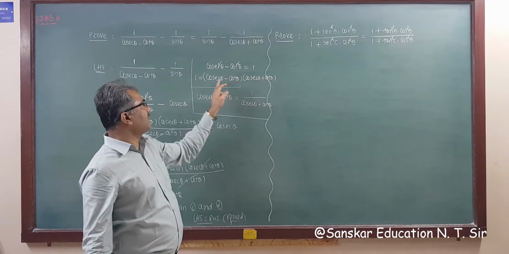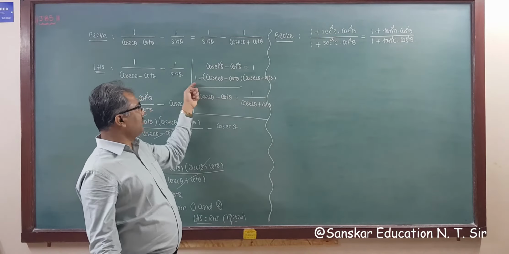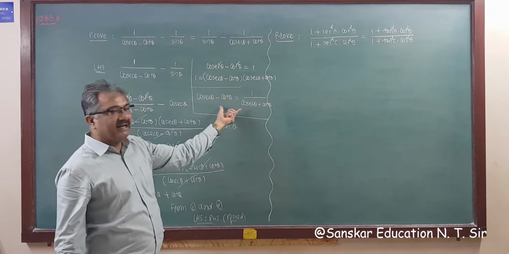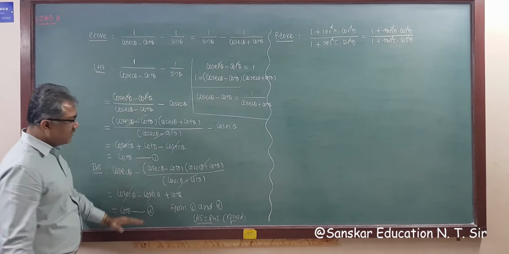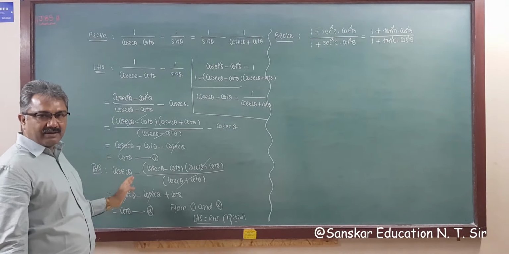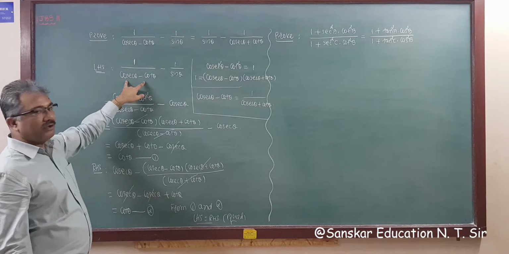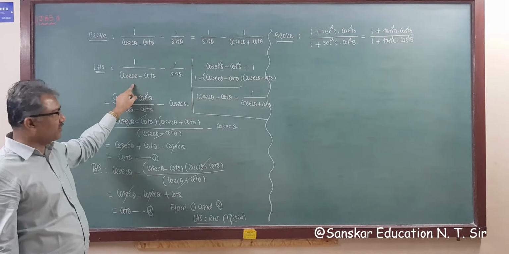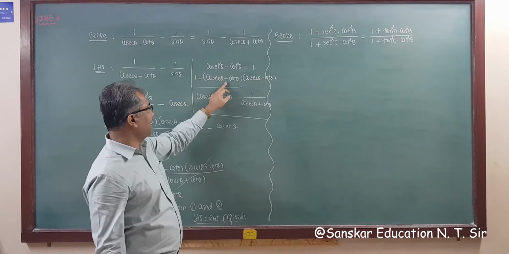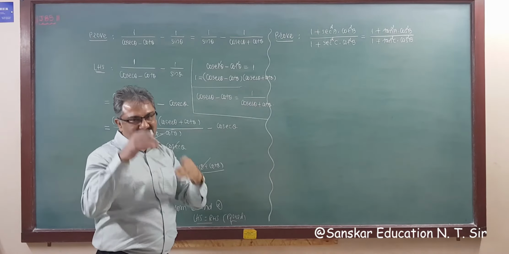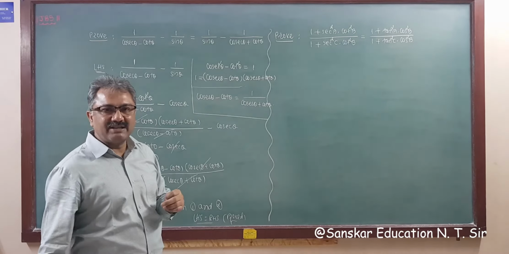If we take cosec plus cot theta to here, then cosec minus cot becomes this. So directly from this we get this. Now instead of doing all these steps and wasting your time, see, this is cosec minus cot, 1 upon cosec minus cot. Taking these two here, the answer is cosec plus cot. If minus is in the denominator, the answer is plus in the numerator.